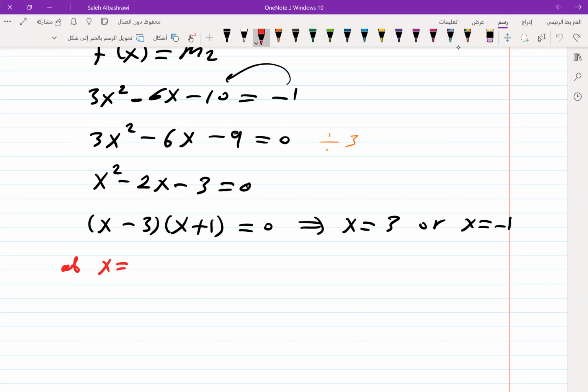One tangent line at x equal to 3 and another one at x equal to minus 1. So when x equal to 3, to find f of 3, just replace x by 3 in the main function.